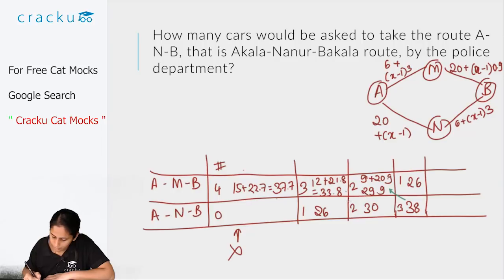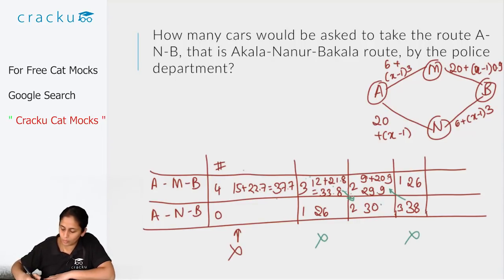Similarly over here, if 3 cars were traveling and 1 car decided to go through ANB instead, they'd save time. So instead of 33.8, they'd take only 30 minutes. So this case is also not going to happen, because one extra car here would decide to go via ANB, and one extra car here would decide to go via ANB. Now let's consider the case of 0 and 4.